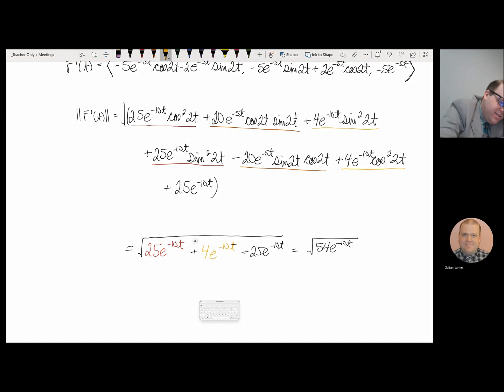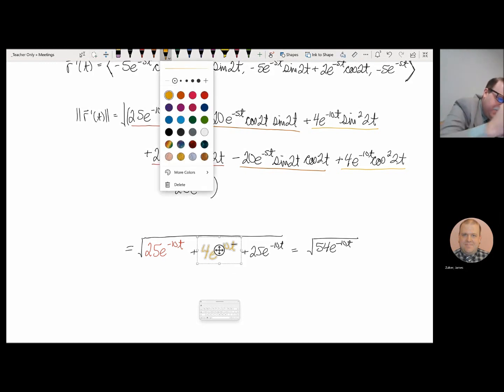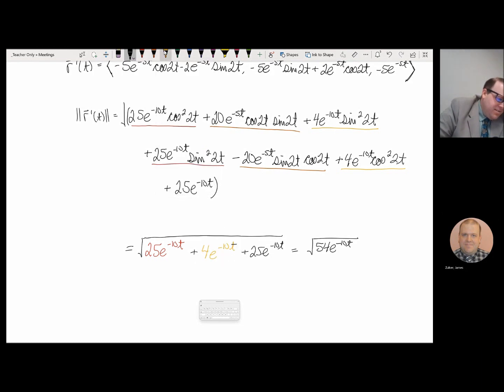Although, why didn't it count that crossing of t? And that just simplifies to what?